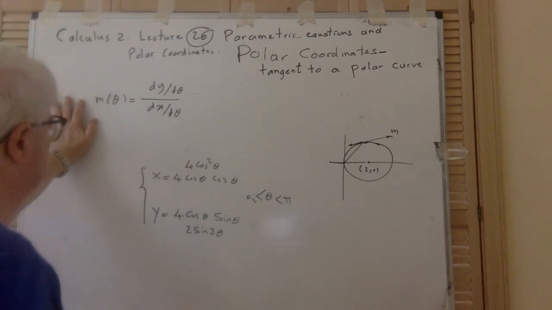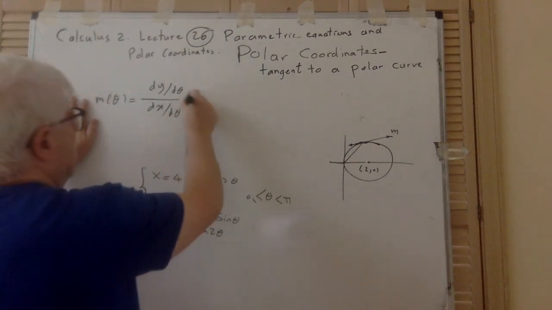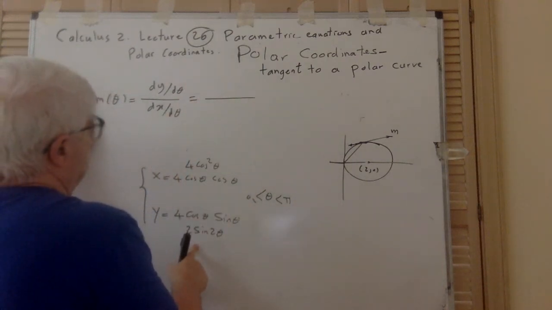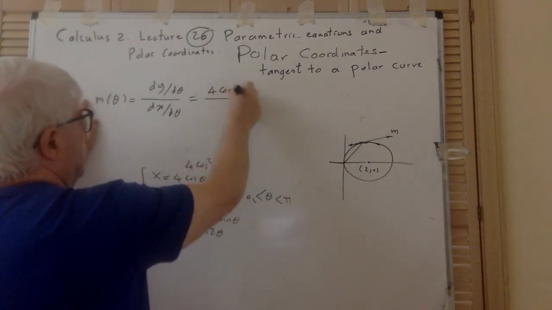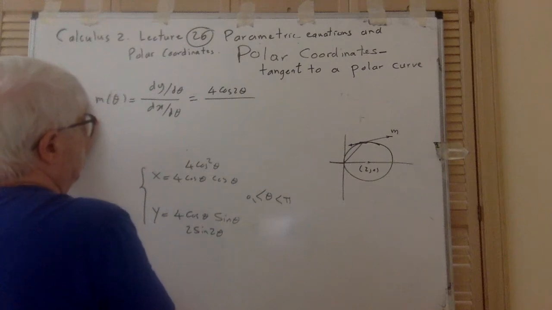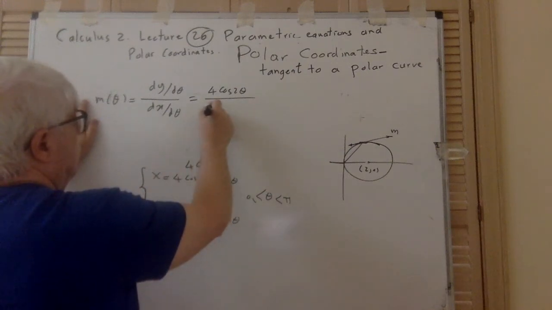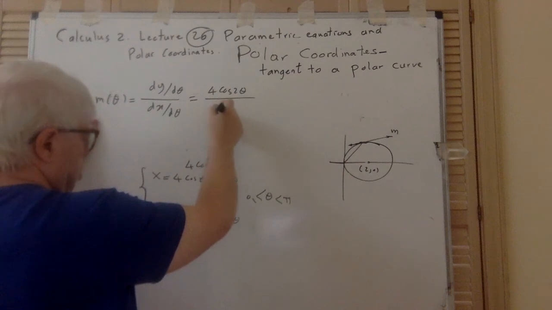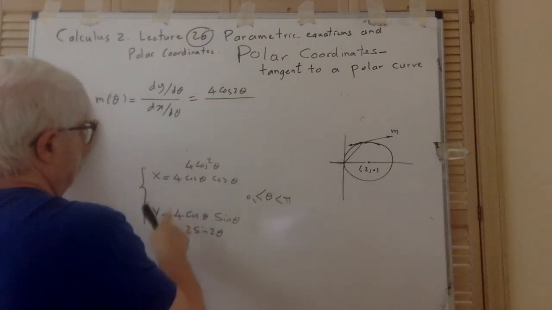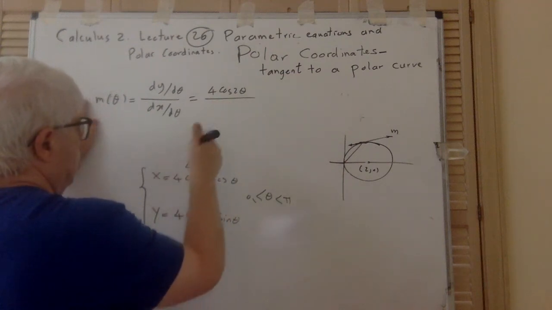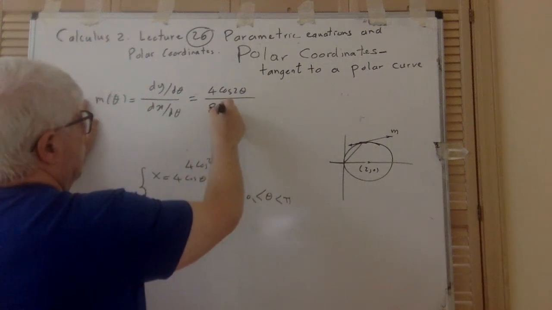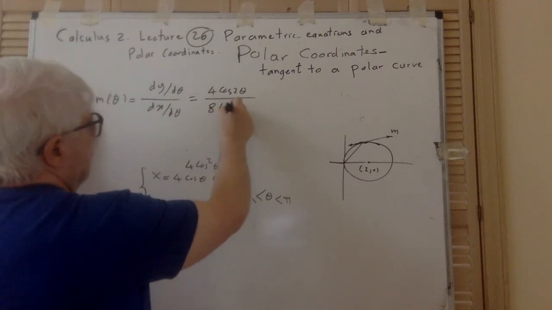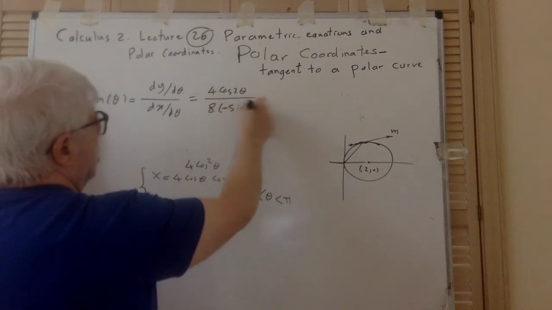So dy d theta is this, and I have 4 cosine 2 theta. This one, dx d theta, will be 8 times the derivative, minus sine theta cosine theta.